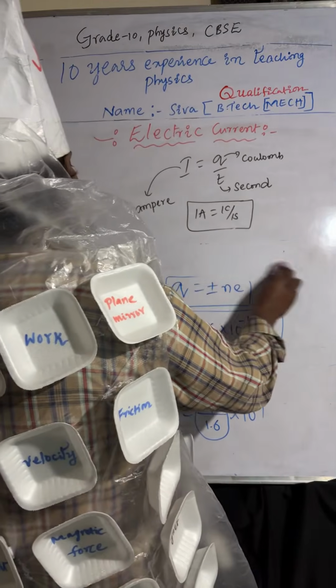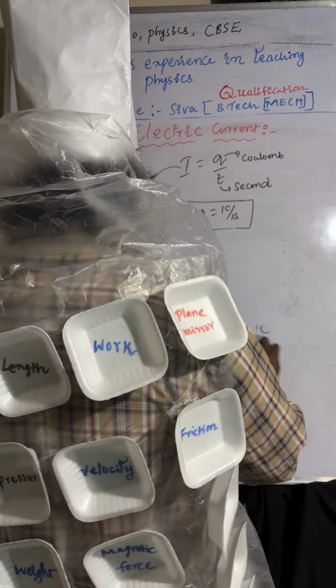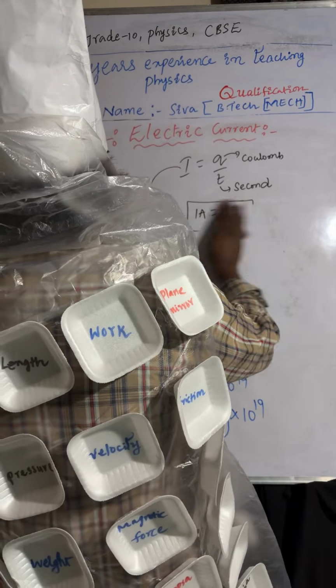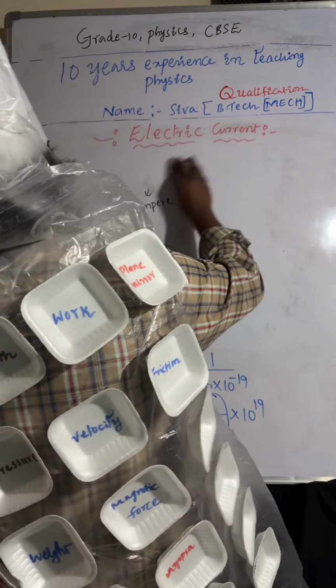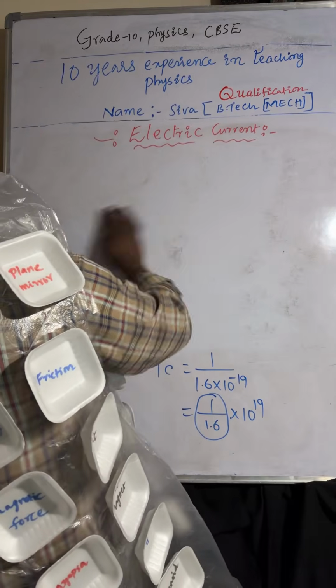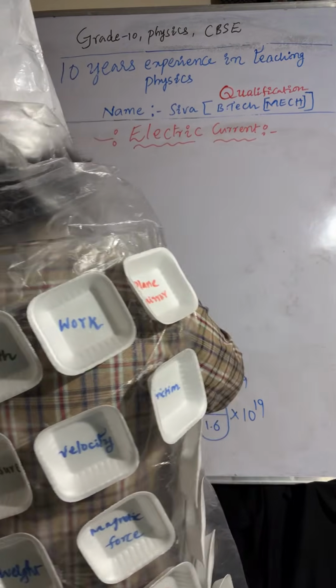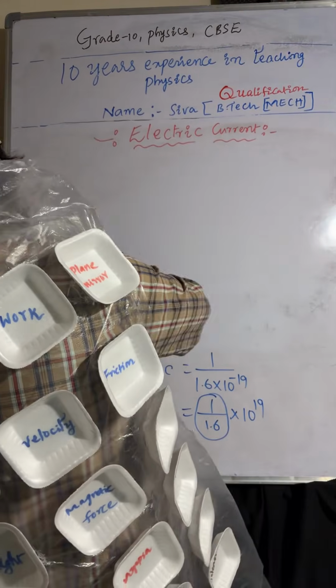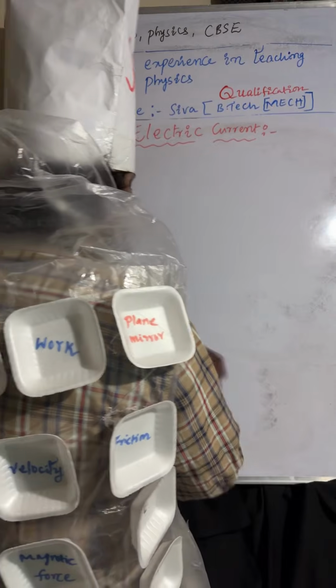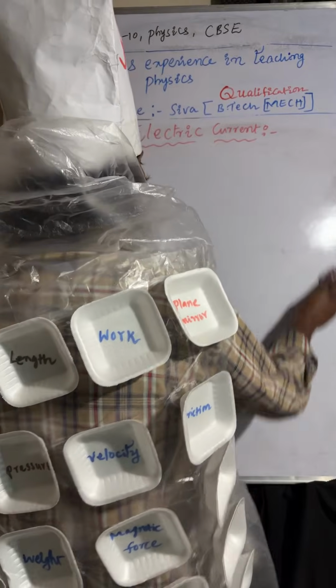So next one is electrical elements. Okay, electrical elements we'll discuss. Those are cell, battery, ammeter, and so on. We'll discuss all these points.